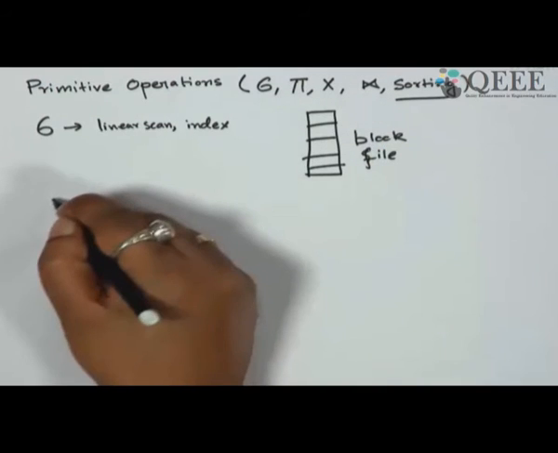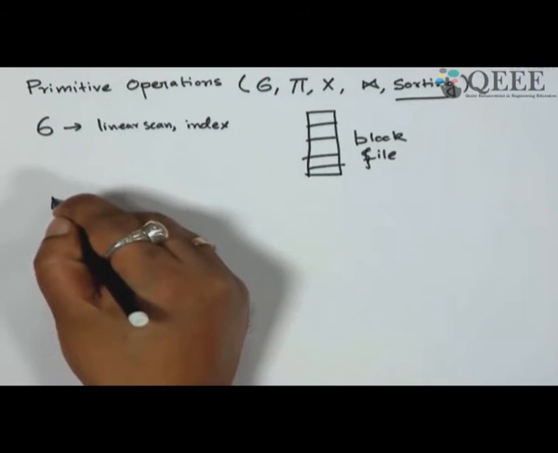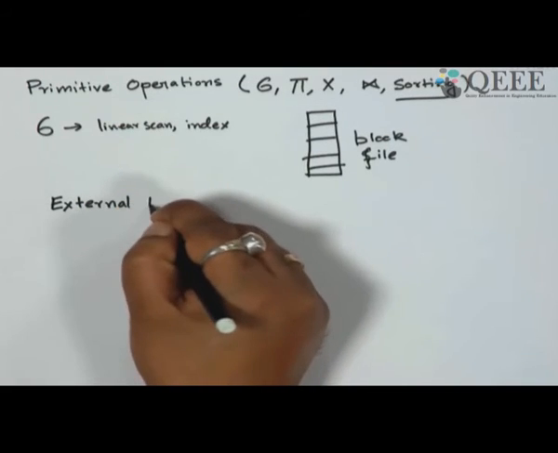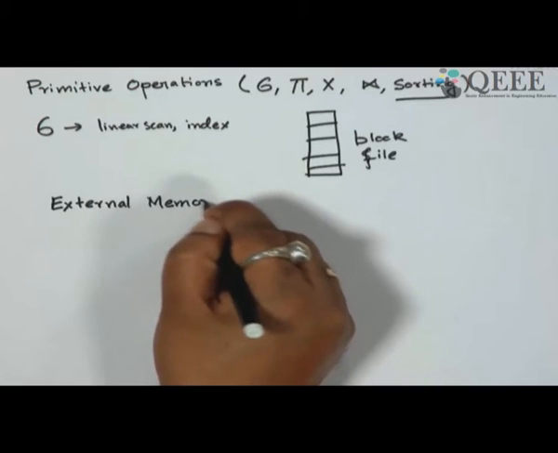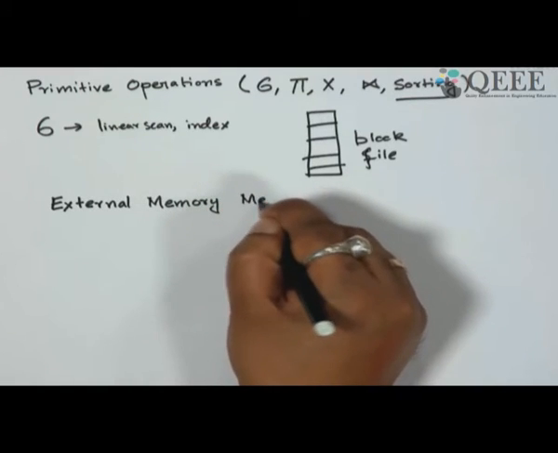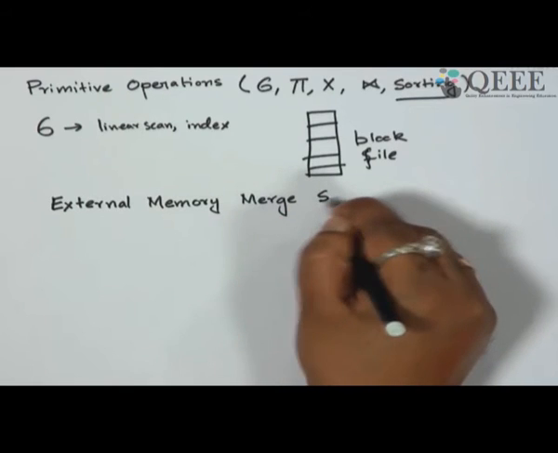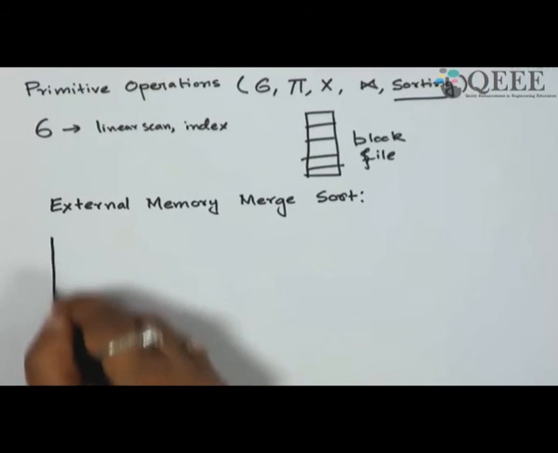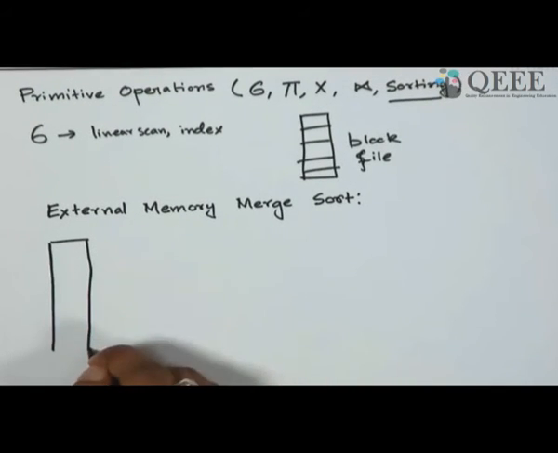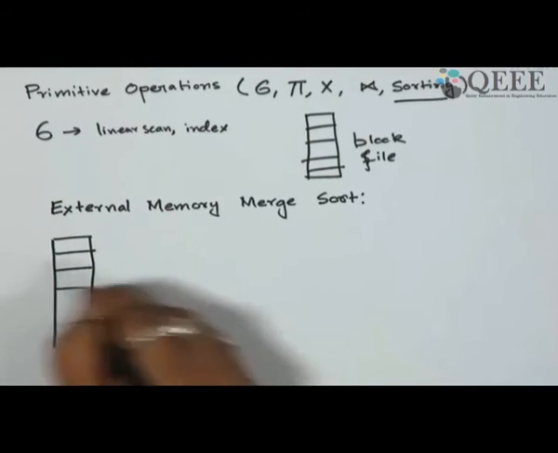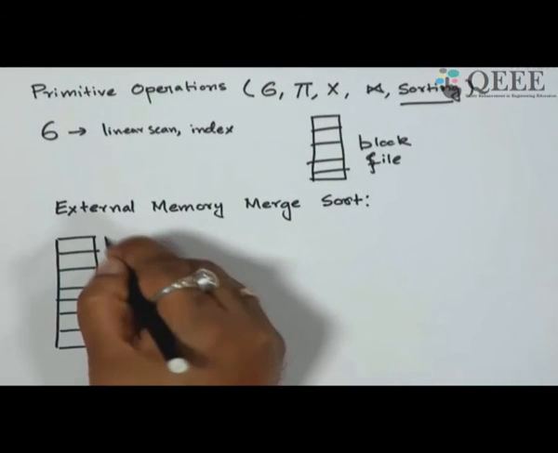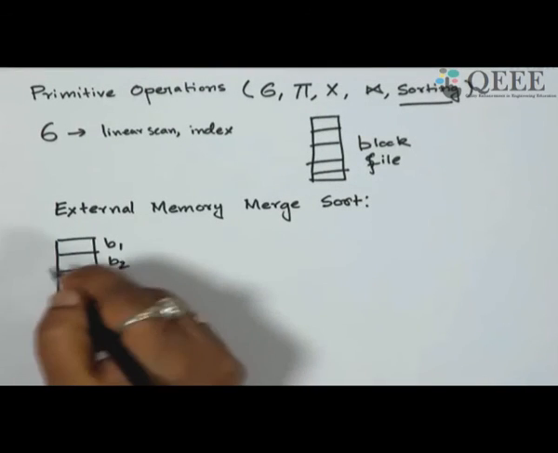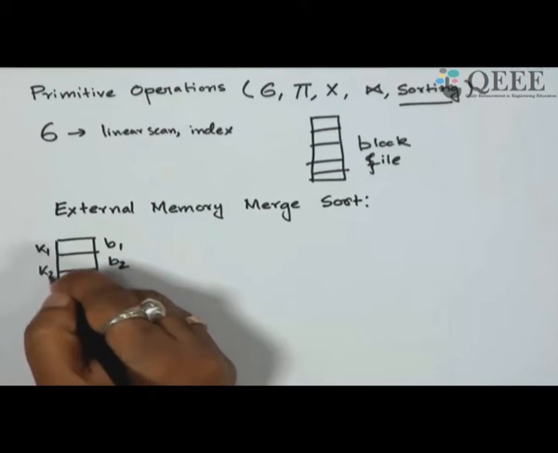Now another thing called sorting. Suppose you have a file containing a large number of blocks and some key values.